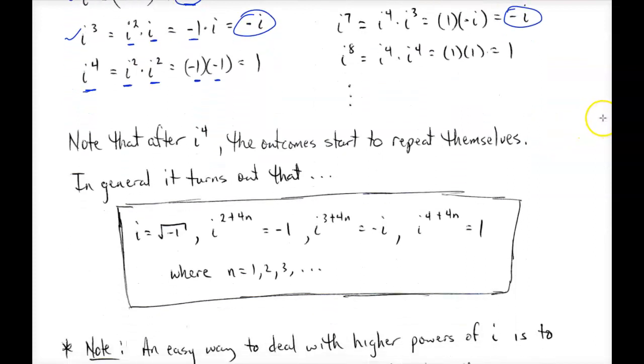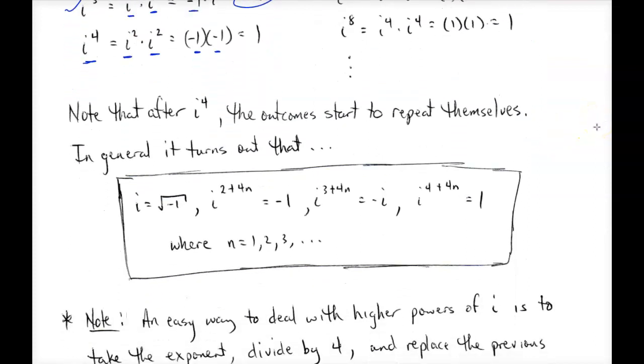We know that for powers of i, whatever the base is, no matter how big the number is, we should be able to rewrite it in terms of 2 plus 4 times a multiple, or 3 plus 4 times a multiple, or 4 plus 4 times some multiple.